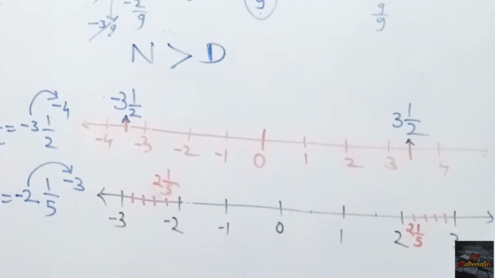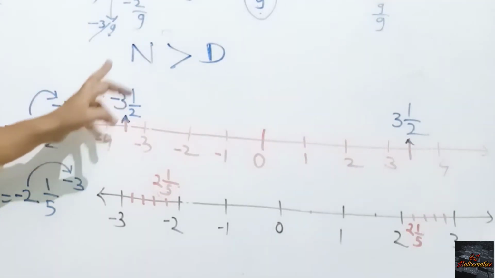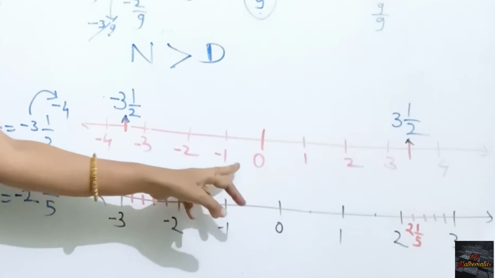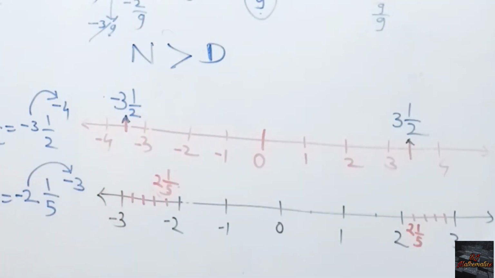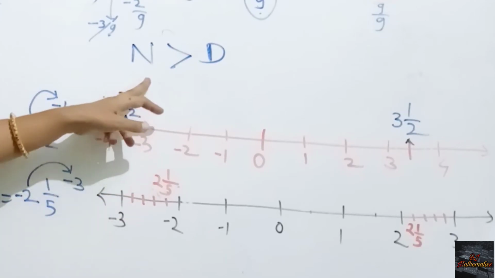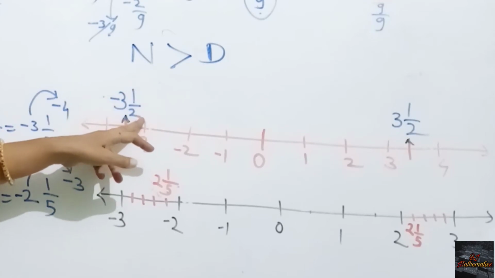If minus 3 integer 1 by 2 is there, then represent it to the left of 0 and in between minus 3 and minus 4. Here the numerator is 1. Therefore, the first marking after minus 3 is minus 3 integer 1 by 2.